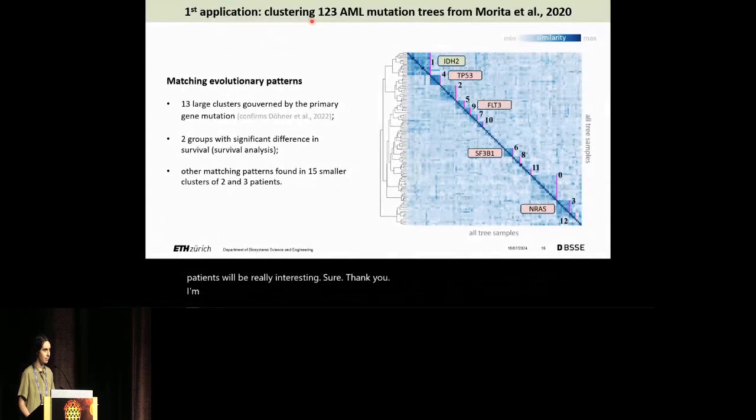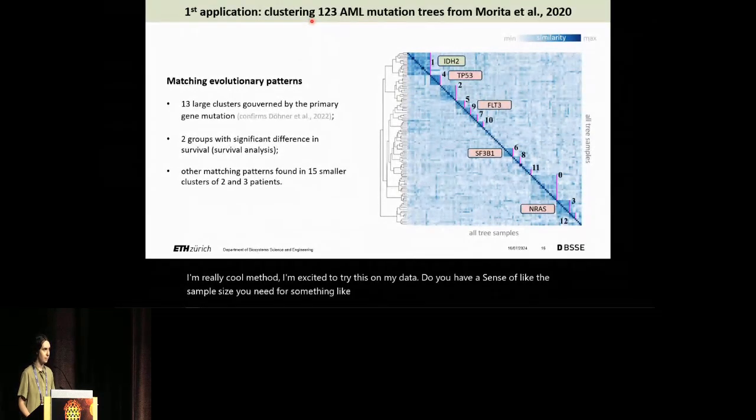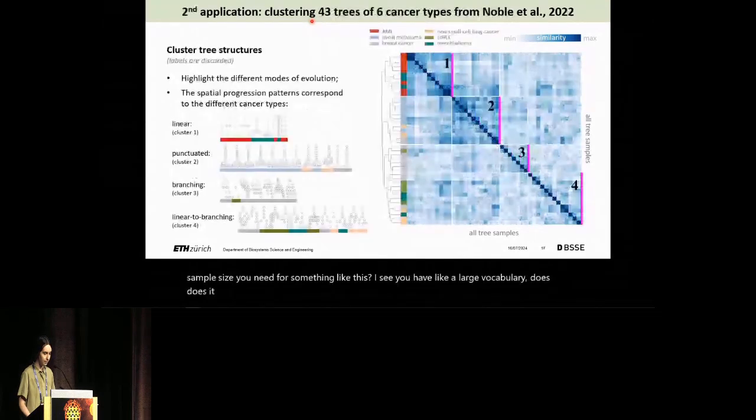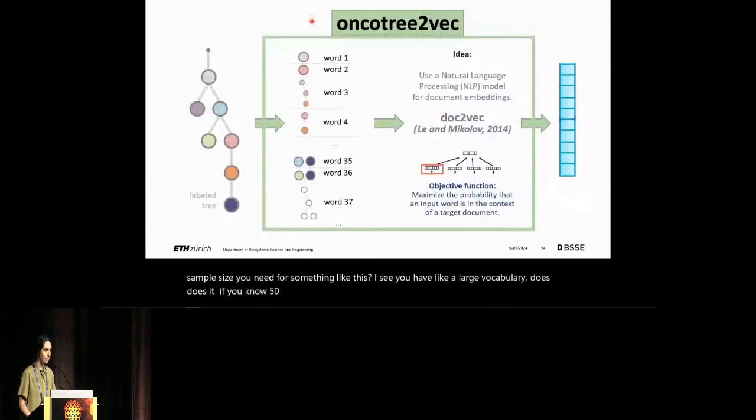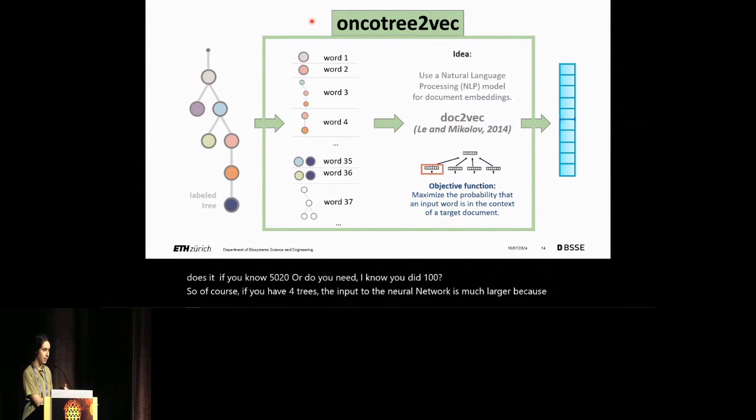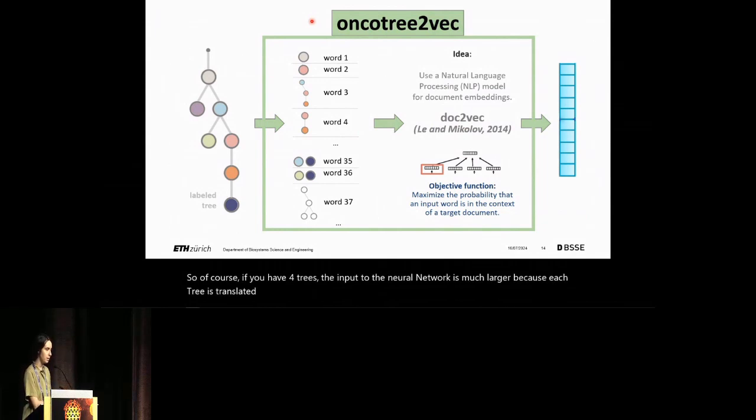Do you have a sense of the sample size you'd need for something like this? I see you have a large vocabulary. Does it matter if it's 50, 20, or do you need, I know you did 100. So of course, if you have more trees, the input to the neural network is much larger because each tree is translated into the corresponding vocabulary of words.